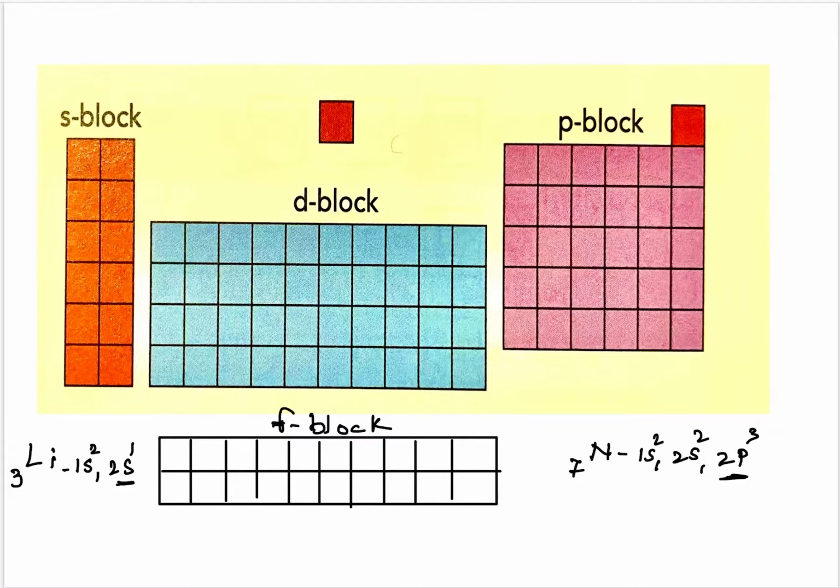Therefore, it comes under the p block. Likewise, you will see that the elements coming under different blocks are named according to the valence electrons in those orbitals. Therefore, we call them S block, D block, P block, and F block.